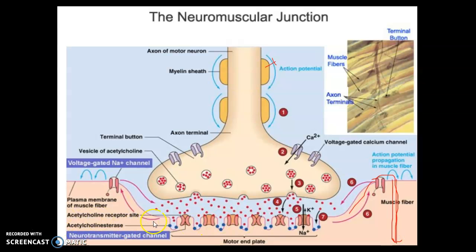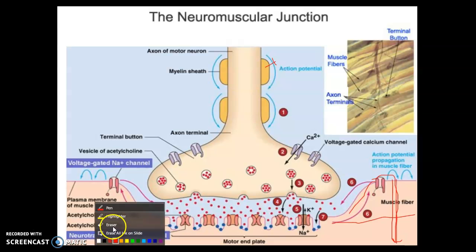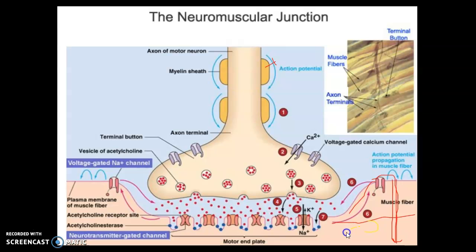And let's pretend in here, this is a myofibril, okay? And then on top of that myofibril, we have the sarcoplasmic reticulum here. I kind of draw the two ends.